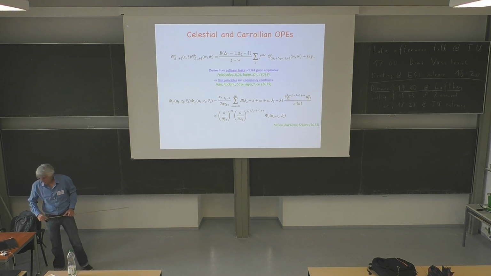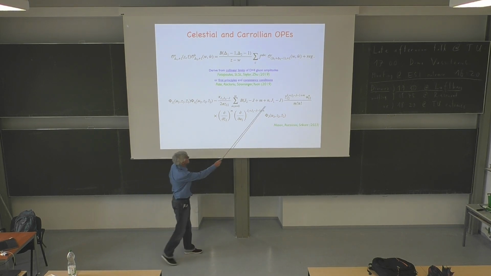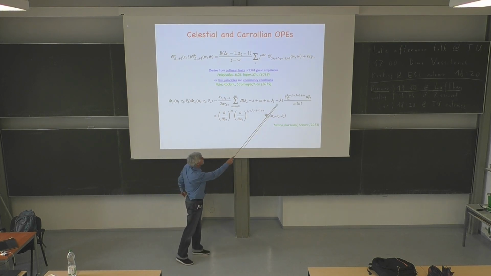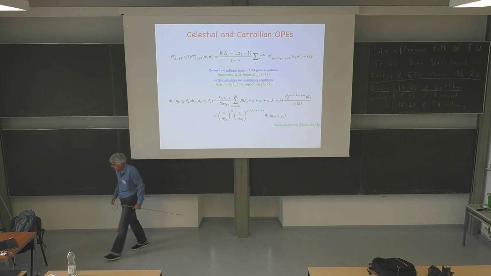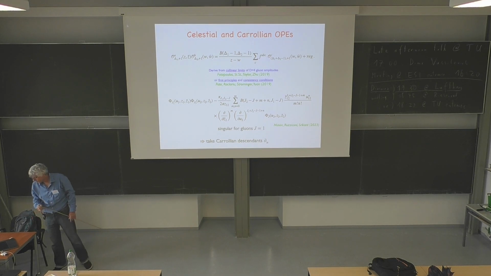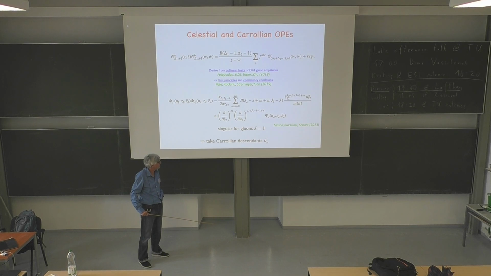Also, when you now really take gluons, so spin 1, then gluons fuse into gluons. This means that J is also spin 1. So this beta function is singular. But there's a trick you can do in Carrollian conformal field theory.